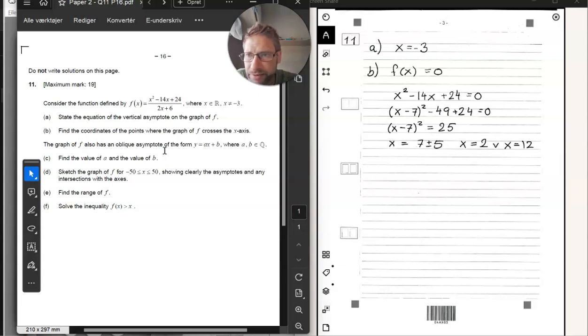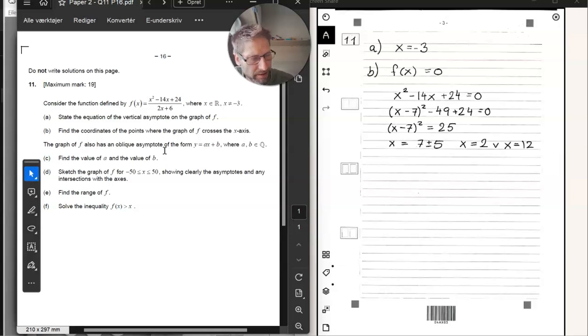However, they ask for the coordinates in plural, so these are the x coordinates. We also need to calculate the y coordinates. But then again, since we are intersecting the x-axis, the y coordinates are going to be 0, because that's what we just asked for. Otherwise, we would just put the x coordinates into the function and see what it is. But we started this whole thing by saying that it has to be 0.